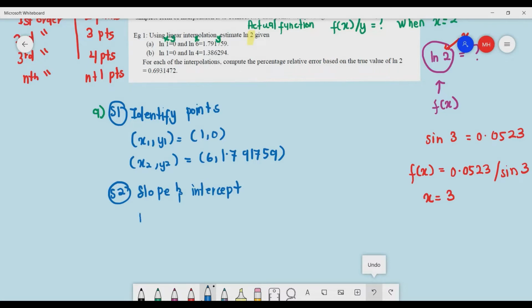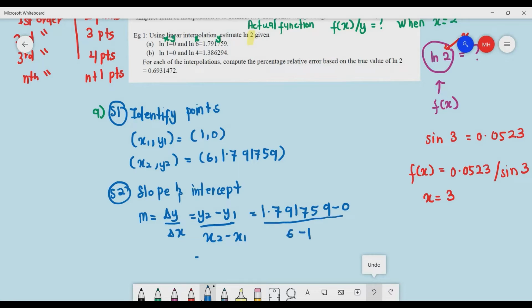Slope is given by m equals change in y over change in x, so we have y2 minus y1 over x2 minus x1, which is 1.791759 minus 0 over 6 minus 1. So the slope that you will get is 0.358.